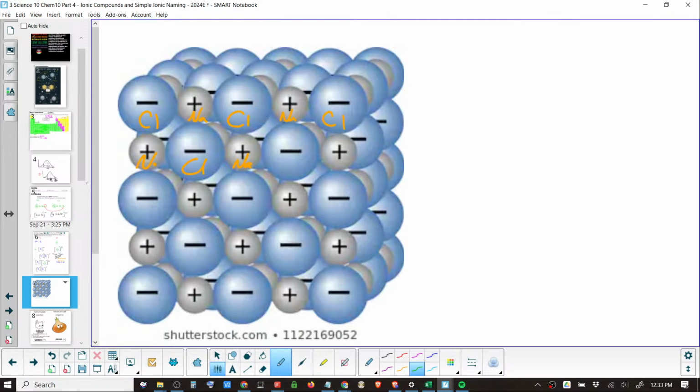However, we have 3 chlorines across, 3 chlorines down, and 3 chlorines deep. How many do we have in total in that cube? 3 times 3 times 3 is 27. And how many sodiums do we have if we see the same kind of repeating pattern?